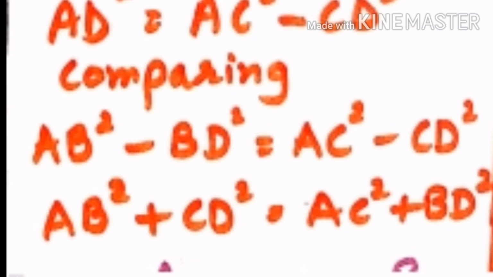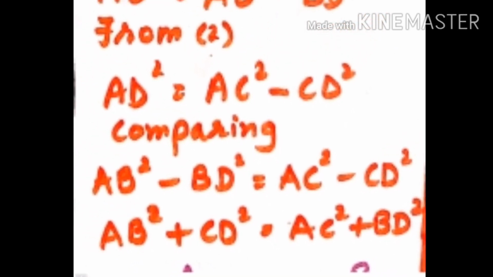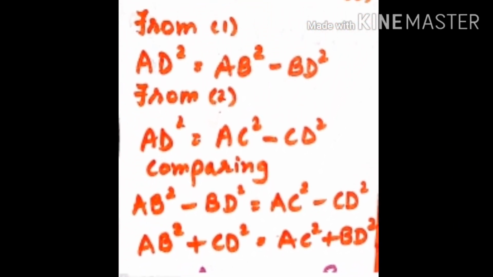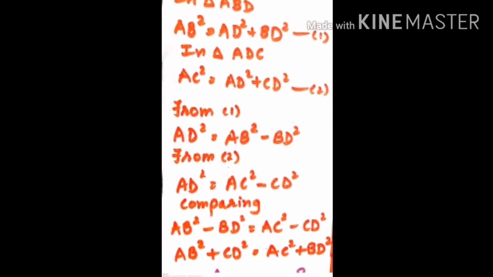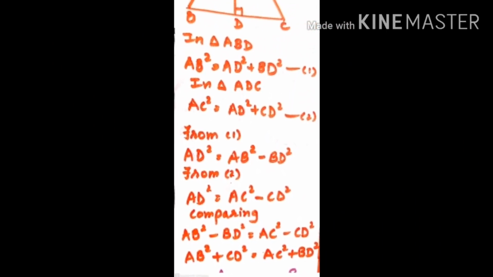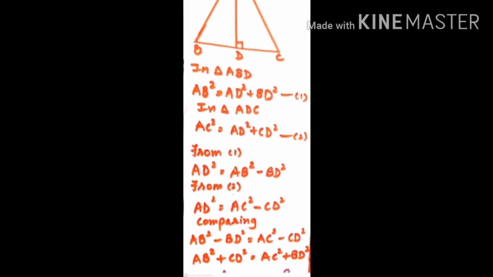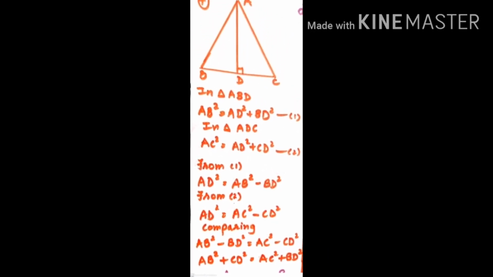Now according to our result, we will change the sides. AB square plus CD square is equal to AC square plus BD square as per the result. So here we have completed our proof. So students, you have to think wisely how you can complete the proof using our Pythagoras theorem.